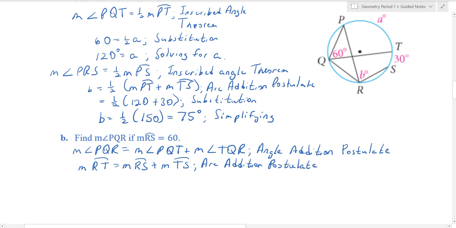Then we can say that arc RS is 60 plus 30, and we do this by substitution. That gives me that the measurement of arc RT equals 90.